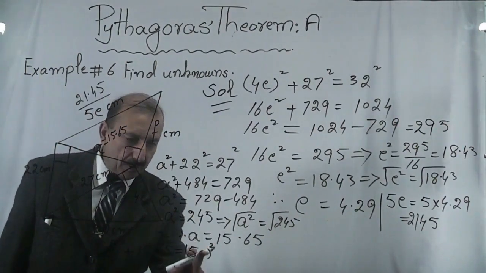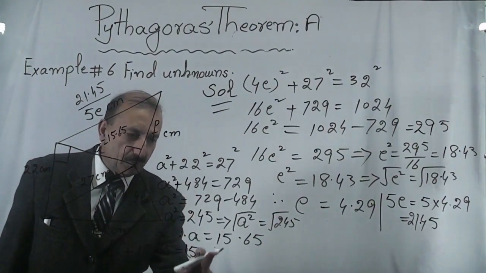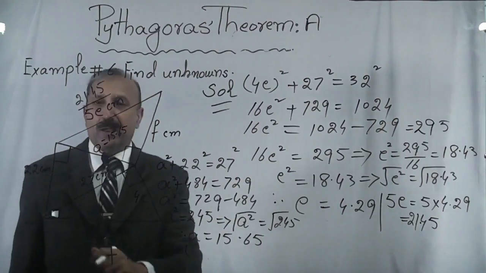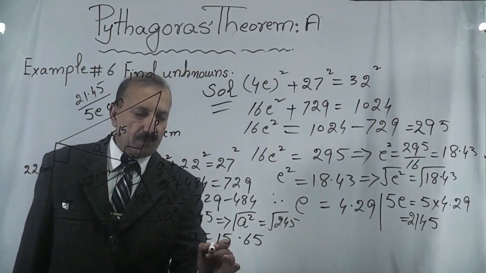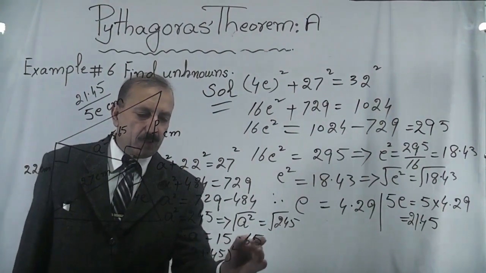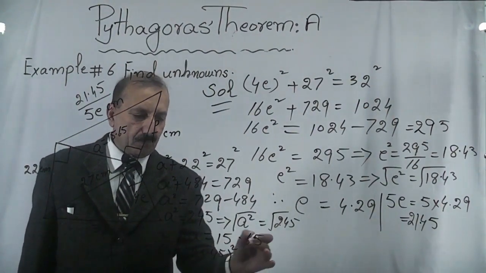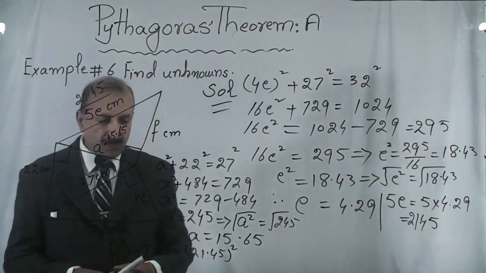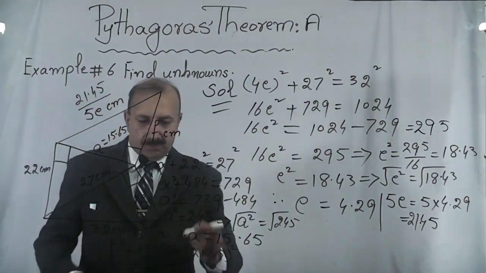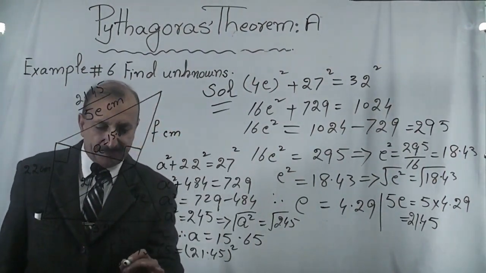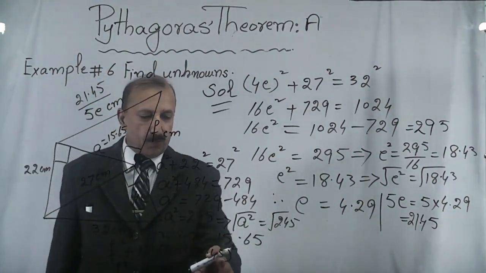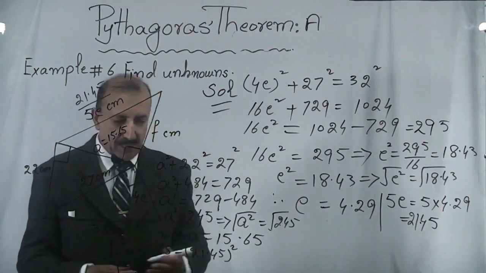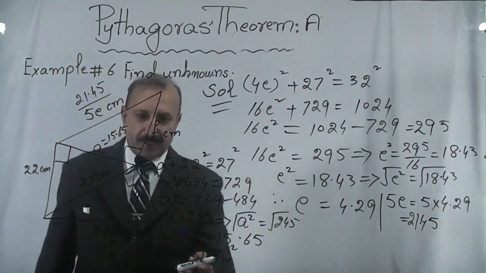In place of 5e we can use this value that we have calculated, that is 21.45 square. And now the next step, f square will be equal to the square of 21.45. We were here working at this step.